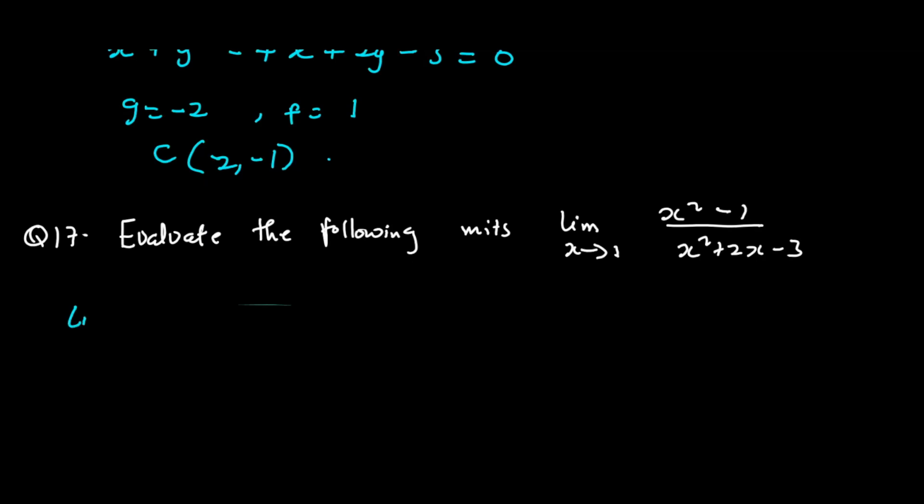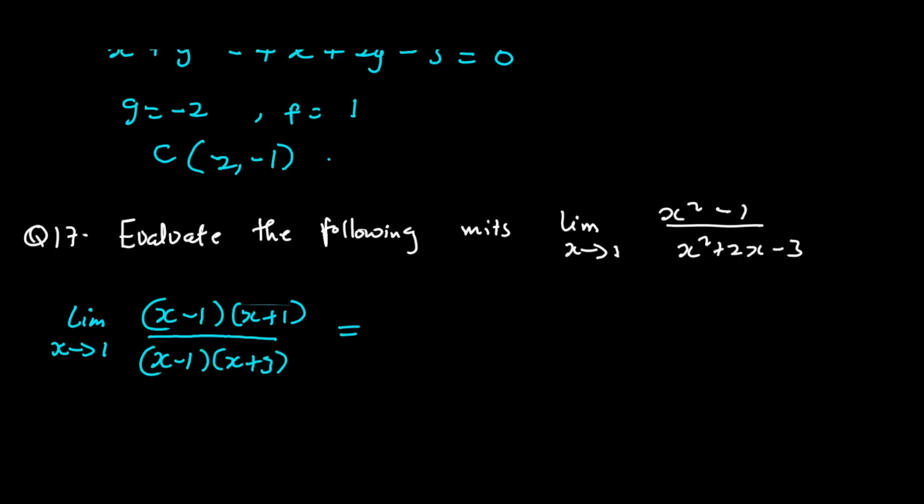So we have limit as x approaches 1, x minus 1 and then x plus 1, that is difference of two squares, all over. Now when we factorize this one, we are going to have x minus 1 and then x plus 3. Now we can cancel this one, cancel that, and then we have limits as x approaches 1 of x plus 1 all over x plus 3.